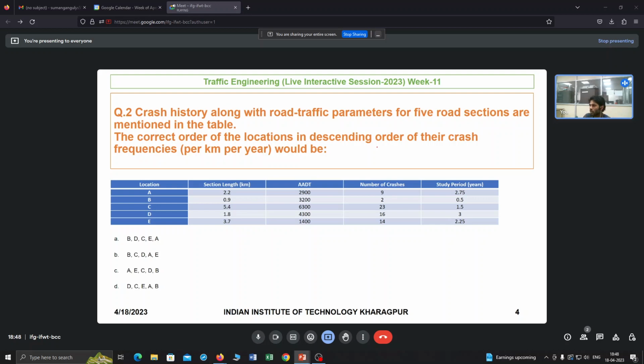So the correct order of the location is descending order of crash frequency. Descending order of crash frequency means this is priority 1 and then go on to the last priority. This is the order, right?